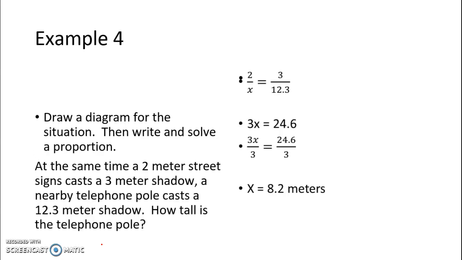So I did not draw a diagram of this. I can go ahead and do that for you. I only have a couple minutes left in the video. It says a 2-meter street sign, so let's say this is 2 meters. It casts a 3-meter shadow.